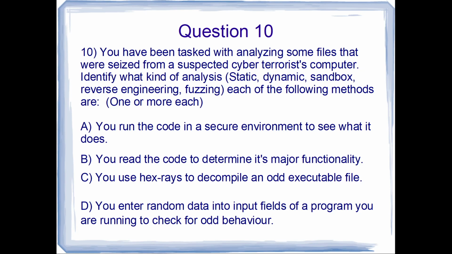C, you use hex rays to decompile an odd executable file. D, you enter random data into input fields of a program you are running to check for odd behavior. So let's see what we got.